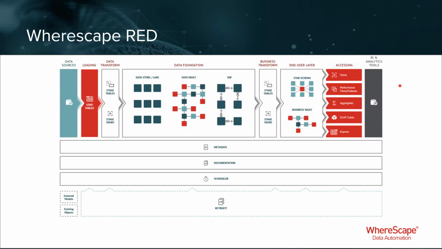We don't actually touch the data; we manage the framework. So we're not an ETL tool, so there's no data pipeline. But what we do build is the framework and the automation components that are used to move the data from source to target.